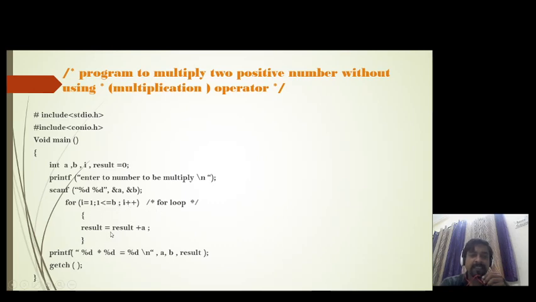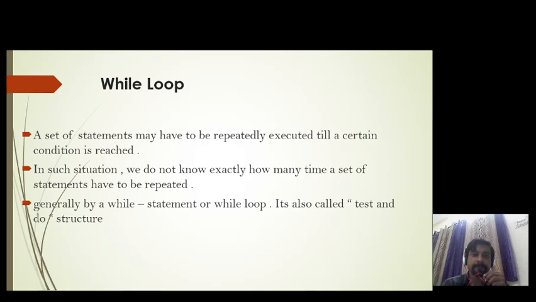Inside, result equals result plus a. Initially our result is 0, and whatever the value of a, the first number, is added to my result, and then I display the result. In this way we can print the multiplication of any numbers without using the multiplication operator in C programming.